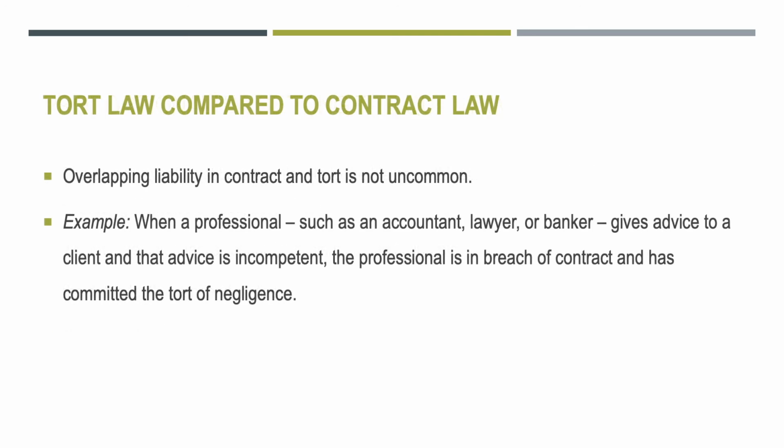Sometimes there'll be overlapping liability in contract and tort. So, for an example, when a professional, such as an accountant, lawyer, or banker, gives advice to a client and that advice is incompetent, the professional is in breach of contract and has also committed the tort of negligence. Another example would be a bouncer who punches a patron because they mistakenly believe the patron is about to start a fight.